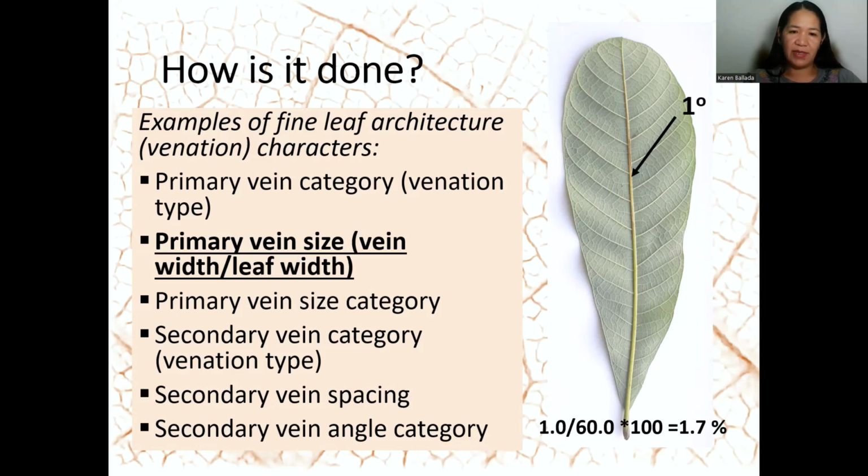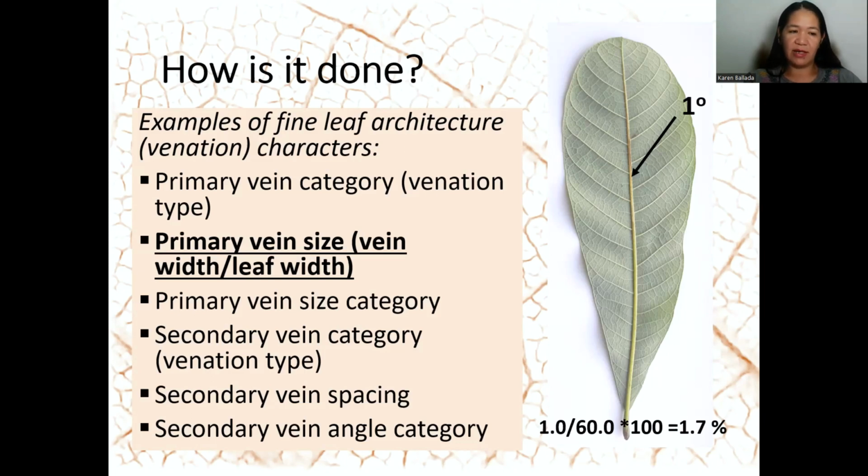And then from this primary vein size, I will be able to determine the primary vein size category. Again, there are the ranges that were proposed by Hickey in 1973, wherein if the primary vein size is less than 1.25, it is categorized as weak.